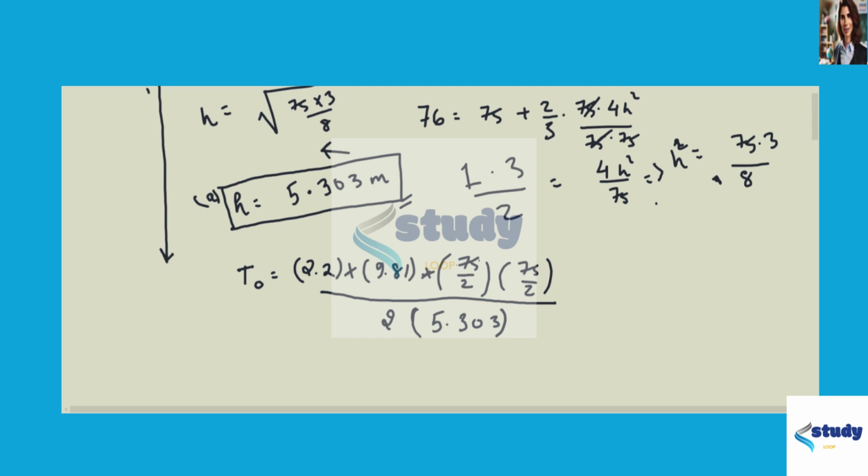Solving this, we will get the value of the horizontal tension to be equal to 820.116 newtons.